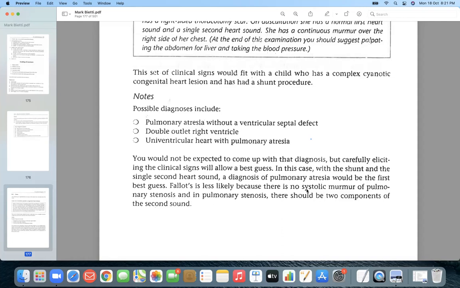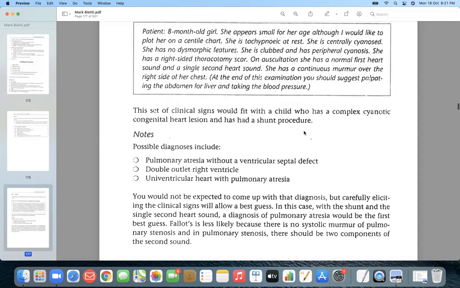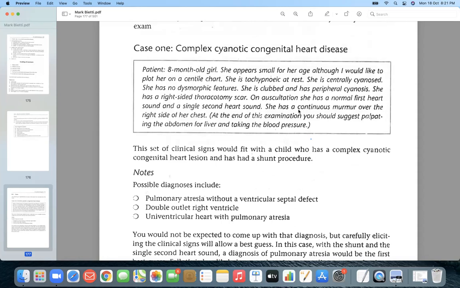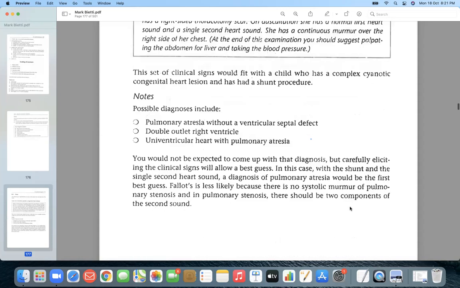Fallot's is less likely because there is no systolic murmur. Here there is no ejection systolic murmur; the murmur is continuous. So that is the BT shunt murmur, a continuous murmur.